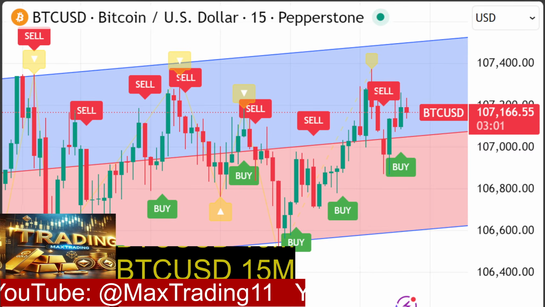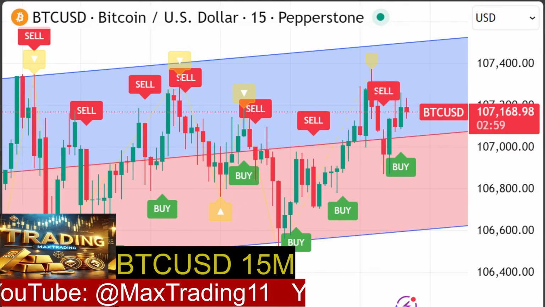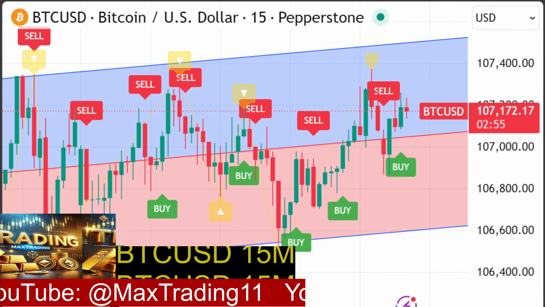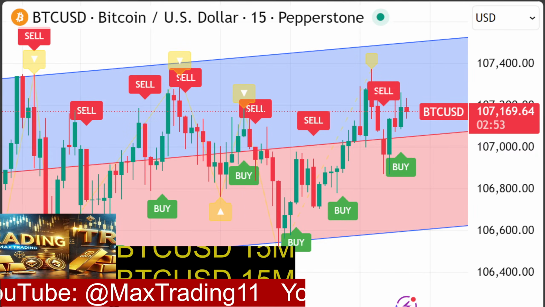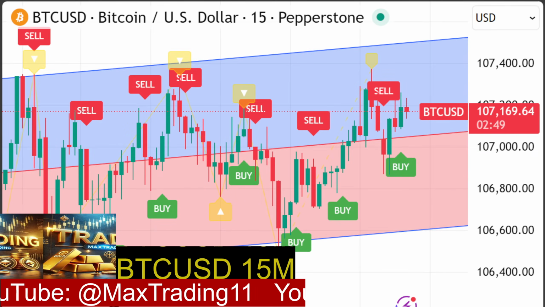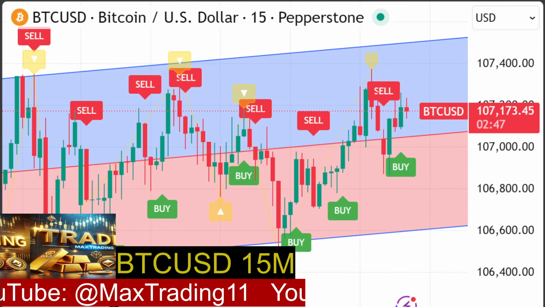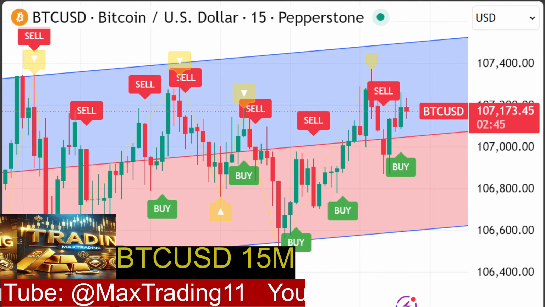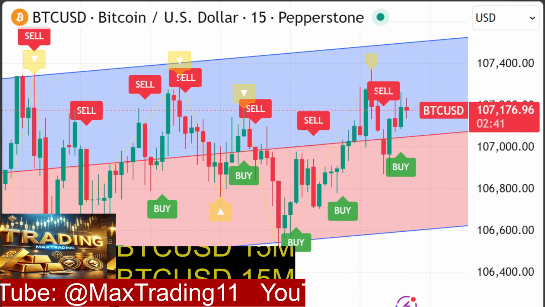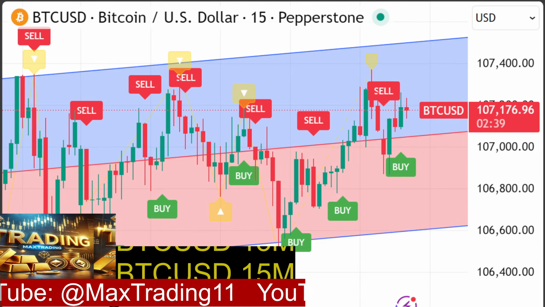Let's consider the recent structure. Over the last few months, gold has been fluctuating between $2,300 and $2,500, forming a broad consolidation zone. This range is crucial because it represents both accumulation and distribution phases.